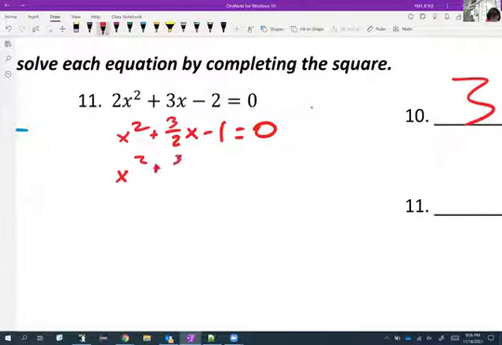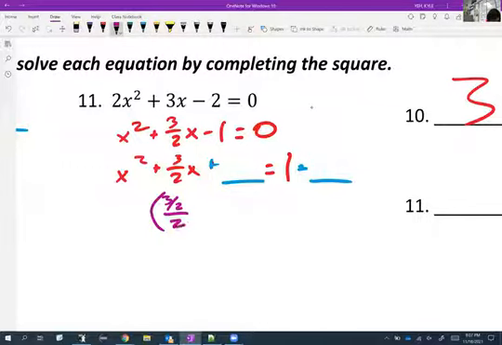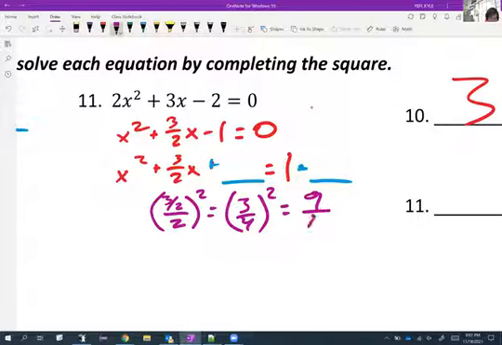X squared plus 3 halves x is equal to 1 plus blank. b over 2 squared is what I need to add. 3 halves divided by 2 is 3/4, and you can check me if you want by copy dot flipping those fractions, 2 over 1 on bottom. I need to add 9/16, it looks like, to both sides.